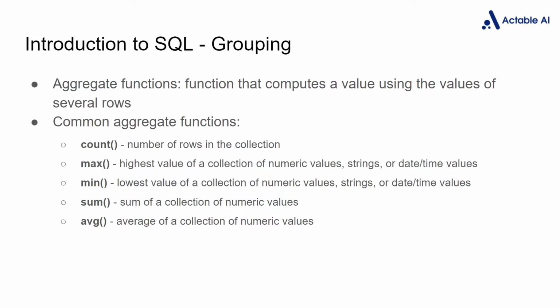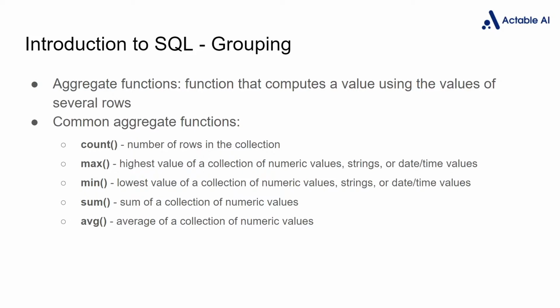They are here to get one value out of multiple values from several rows. The most common are the count, the maximum, minimum, sum, and average. For instance, the maximum will give you the maximum value out of multiple values in the group. So it might not be very clear.